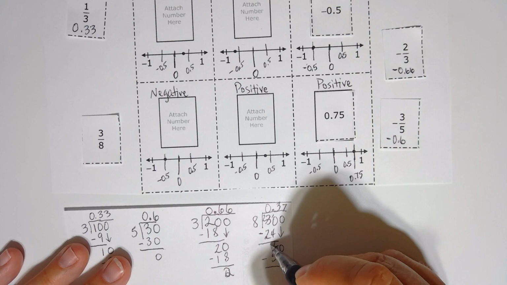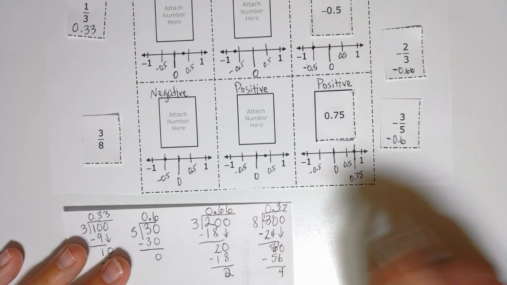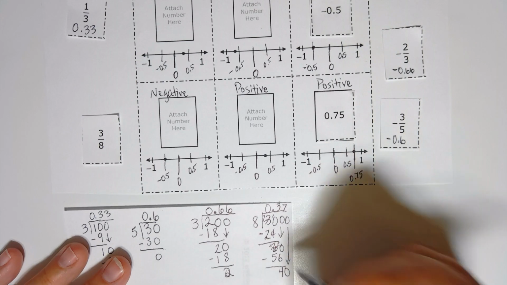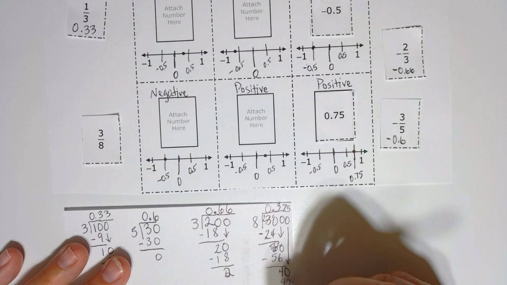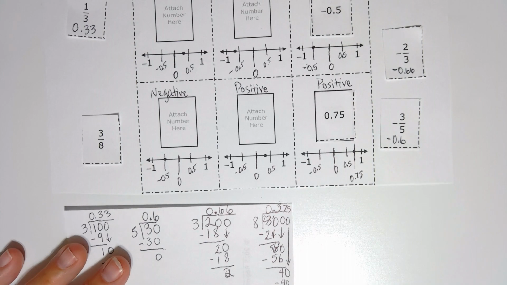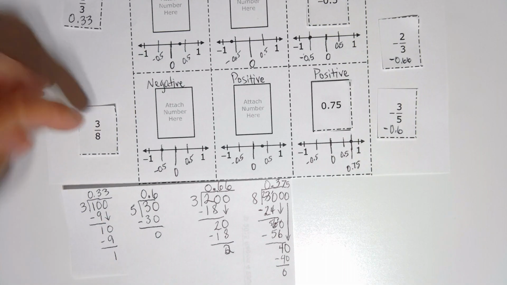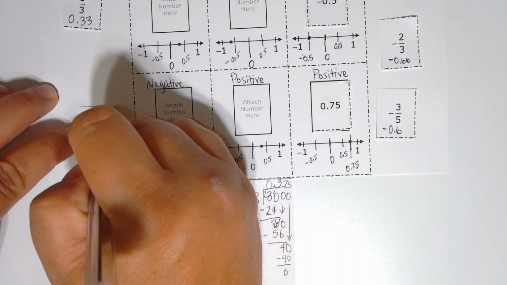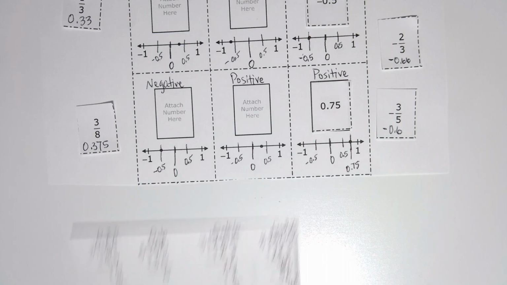Carry, borrow, add another 0. 5, 40, and 0. Okay, so this one is 0.375, and it's also positive. All right, so now we've done the math.